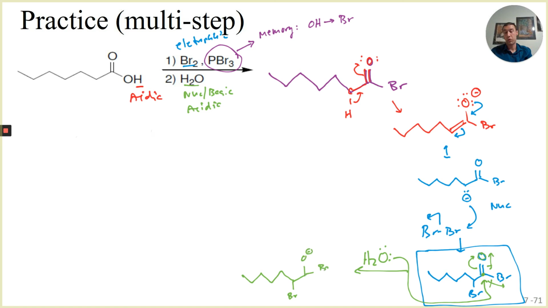We would have a negative oxygen, which is not particularly stable, and a positive water. A base could come along, anything remotely basic, deprotonate that so that we're set a little bit better. The oxygen electrons can come back down and now kick out bromide as a really good leaving group.